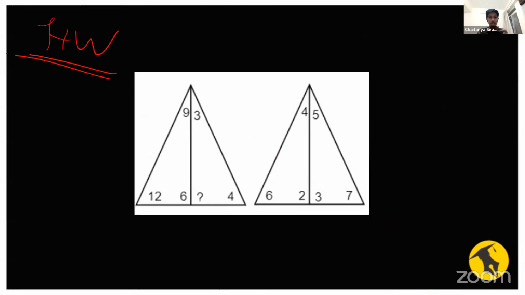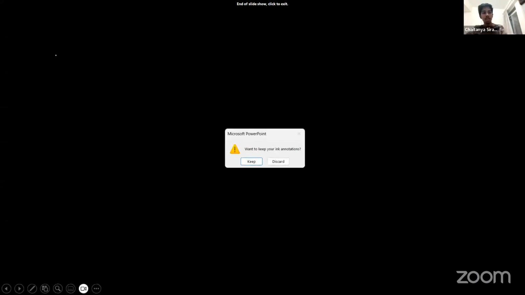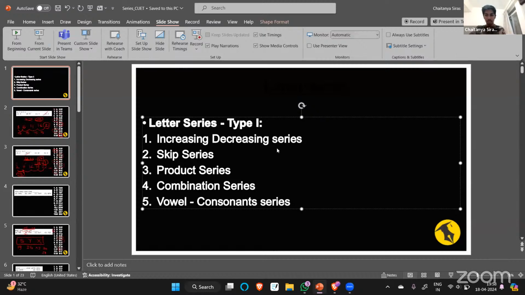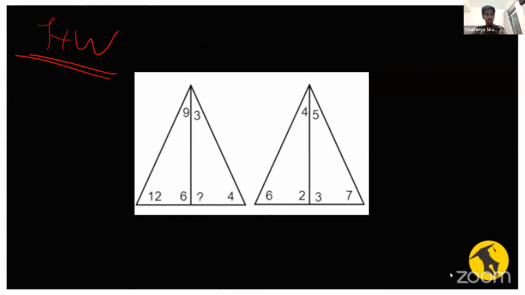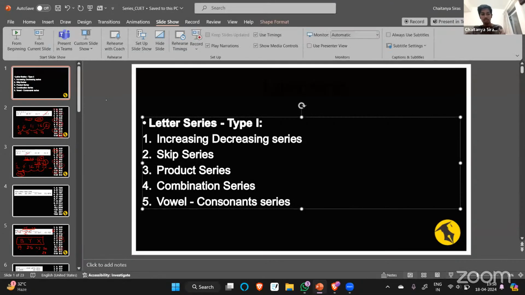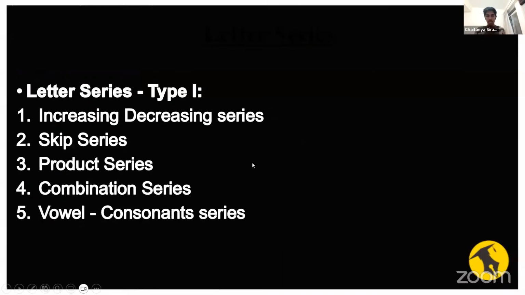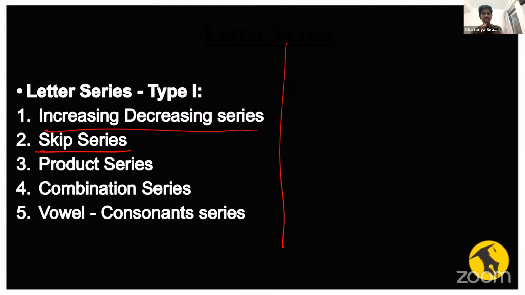All right. To conclude the class, what we did today. Yeah. So we started with, I'll write here, letter series: basics of letter series, increase, skip, product, combination, vowels.